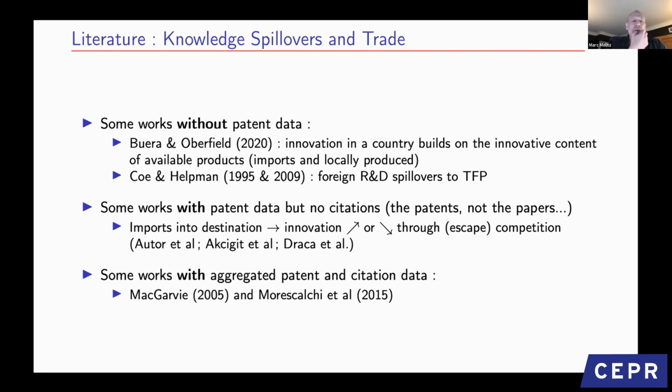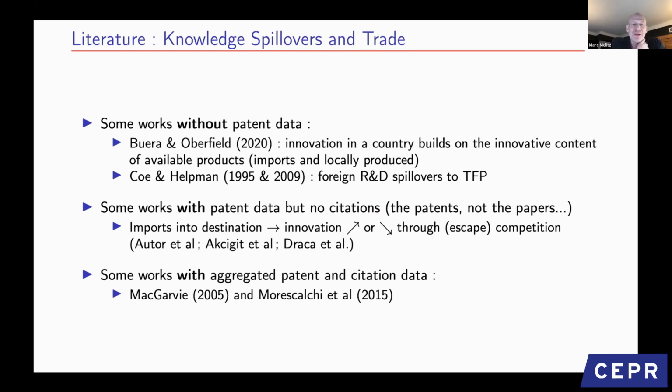So this is mainly research measuring technology in terms of R&D, not with patent data. There's also been a ton of work with patent data. I'm just mentioning this here. I want to make sure to mention, for some of you listening, that when I say patent data but no citations, I'm not talking about the papers.